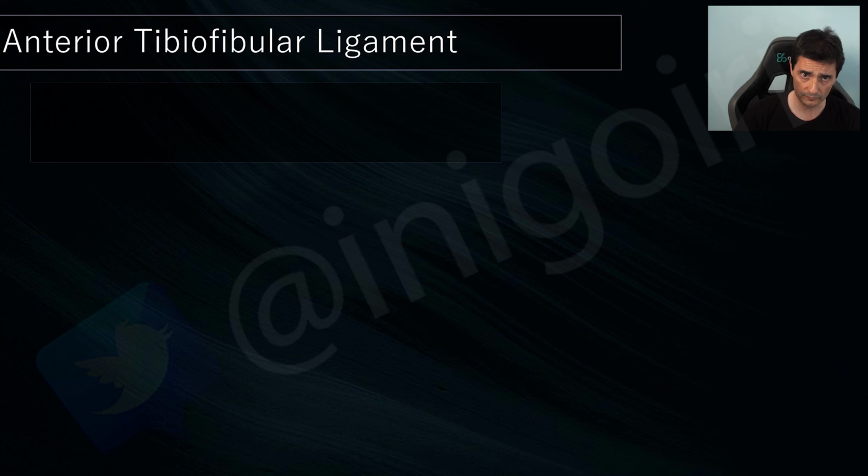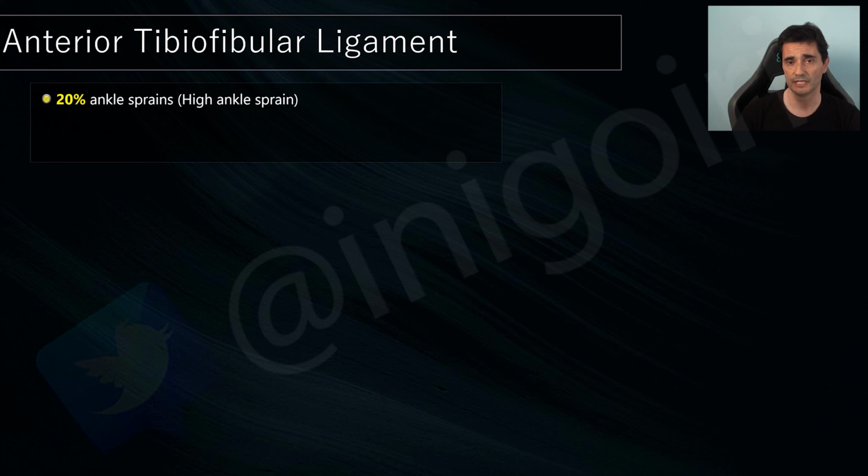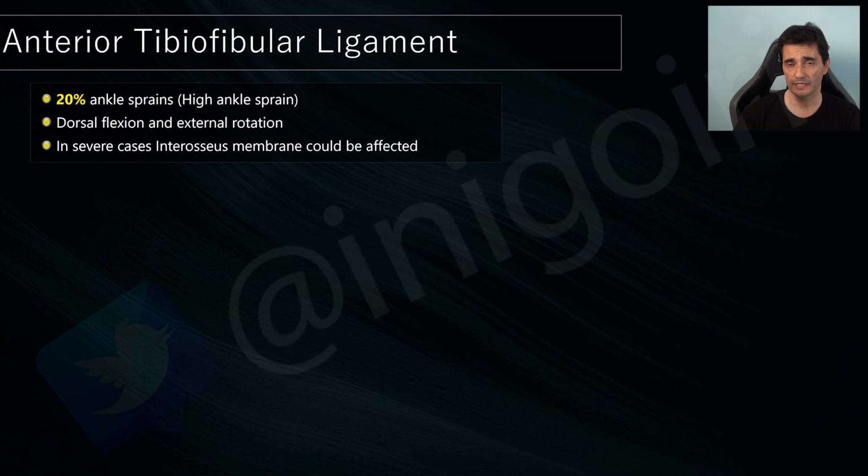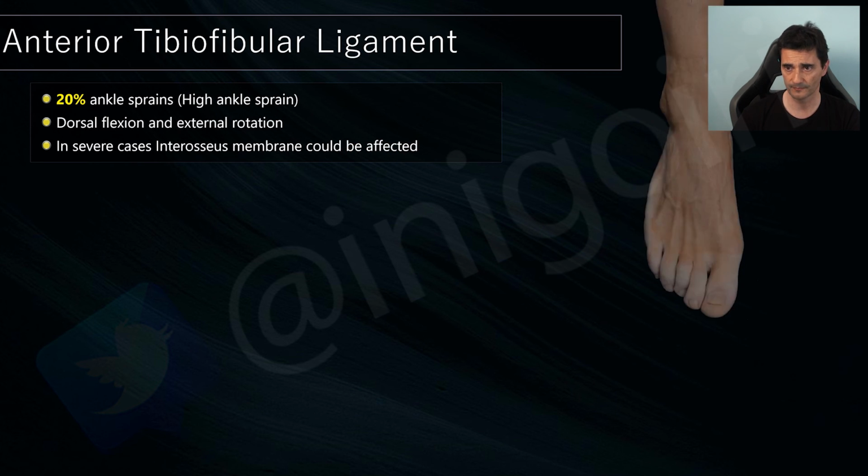perfect. And to finish, the anterior tibiofibular ligament. These injuries are called the high ankle sprain, and 20% of ankle sprains have an injury of this ligament. Usually a mechanism of dorsiflexion and external rotation is needed, very common in soccer. And in some cases the interosseous membrane could be affected, and this is a severe injury.